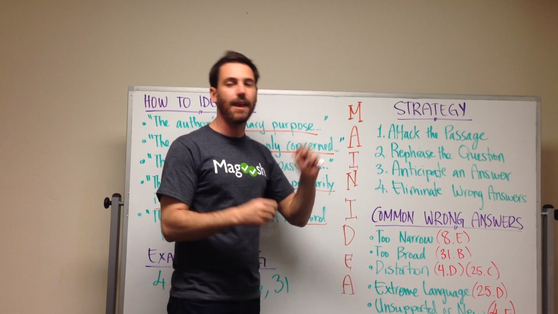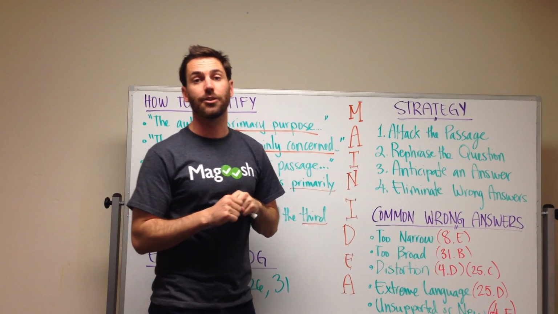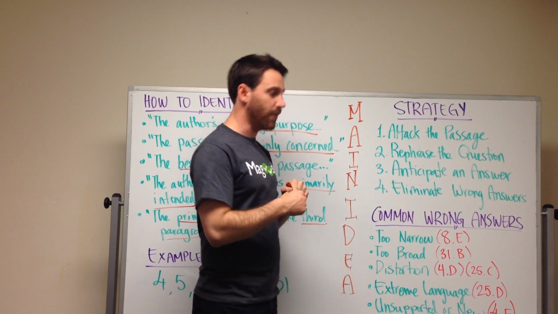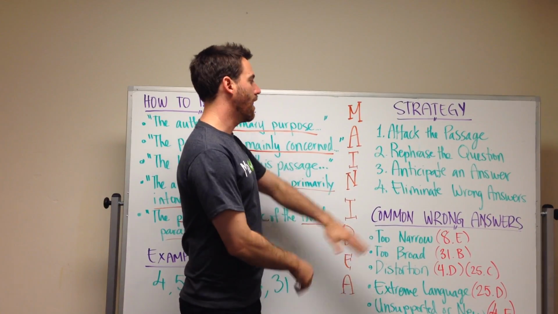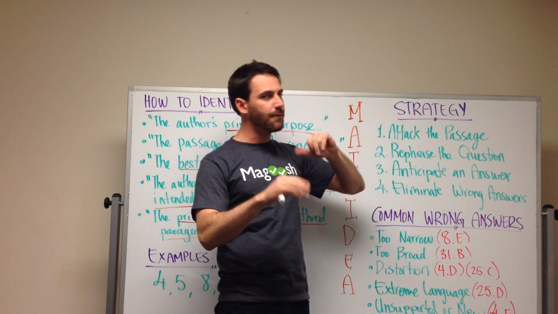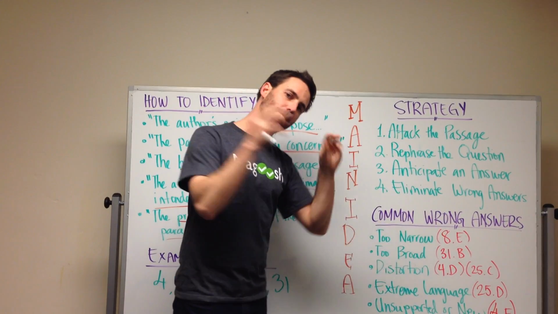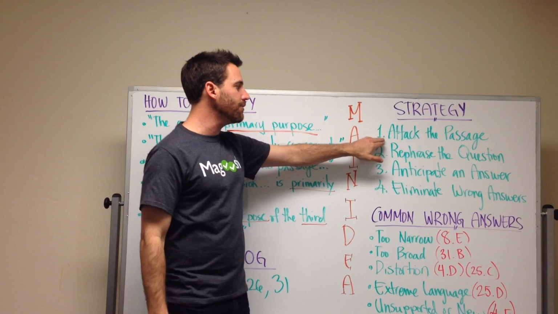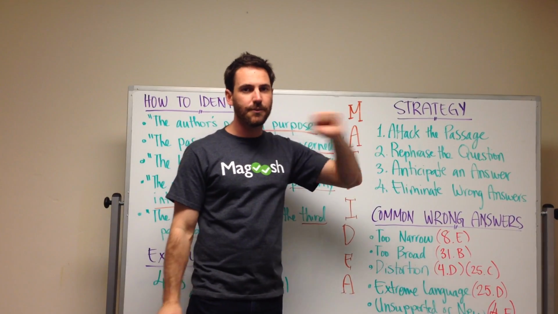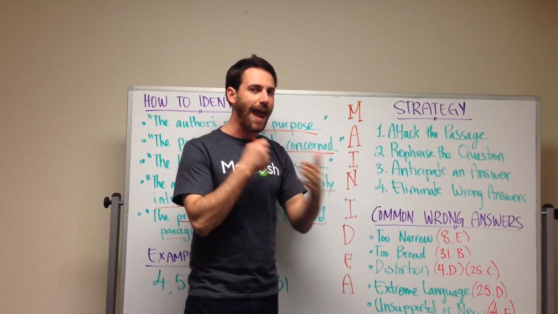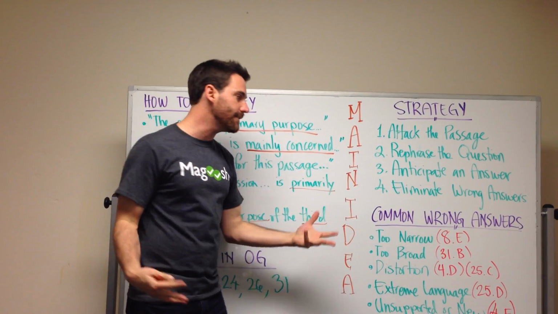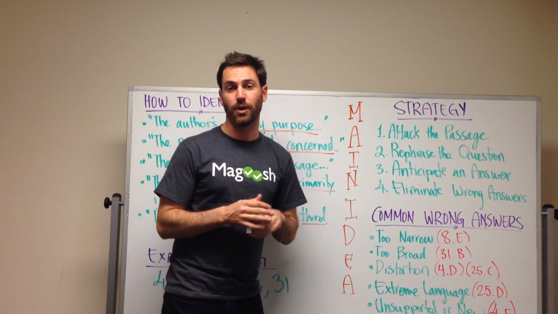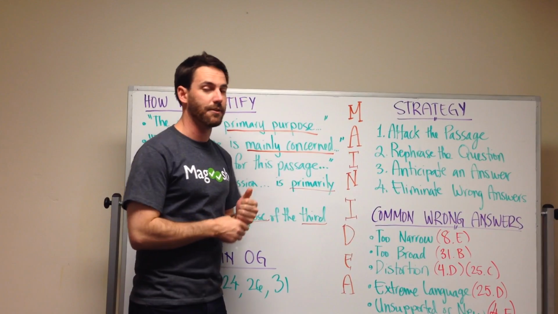And also pay attention to the author's tone and the author's purpose when you're reading a passage for the first time. Stay out of the details as well. Just focus on big picture. You can go back into the details later. And really, if you're doing this for all of the reading comprehension questions, if you're attacking the passage, it's going to be really easy to answer main idea questions because you've already thought about it for every passage that you worked on.